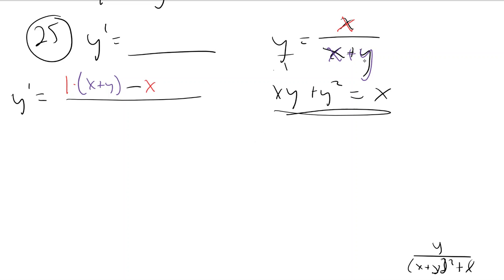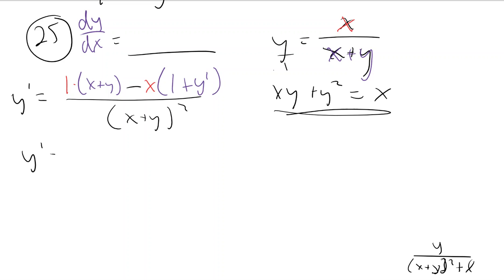The derivative of x plus y: the derivative of x is 1, the derivative of y is 1 times y prime, because we are taking the derivative with respect to x. Anytime you take the derivative of y, it's not with respect to y, so you need a y prime, which is most of the time. Then put this over x plus y squared, and that should be the derivative.